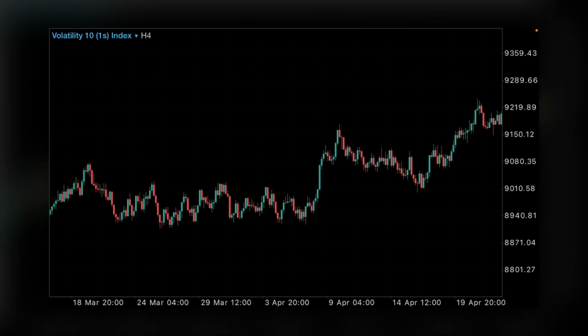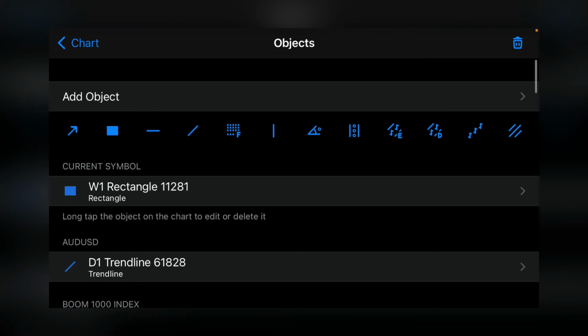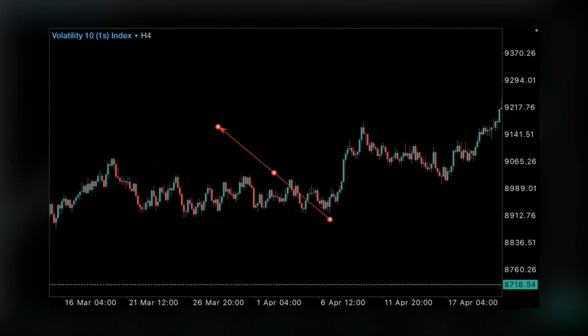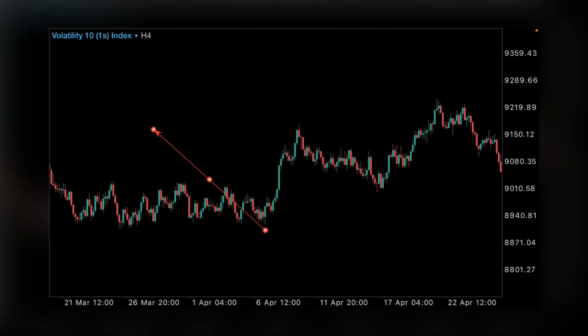So this is what price does. Price simply creates lows, highs, lows, highs, lows, and highs.